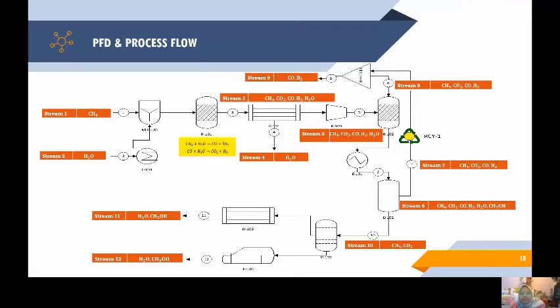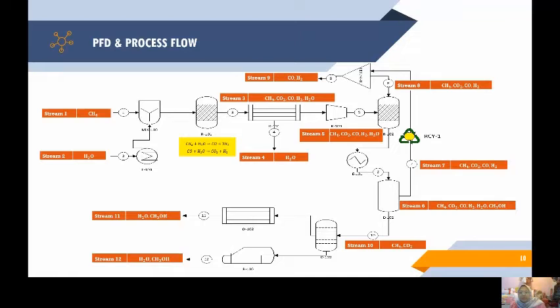So the components in stream 6 will be fed into the syngas recovery unit, which is the distillation column, as represented by stream 6.